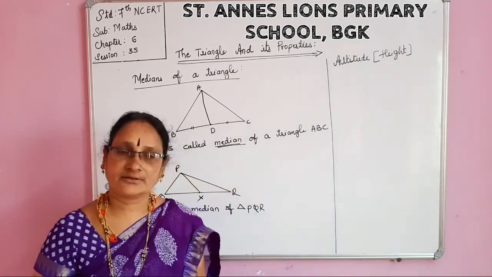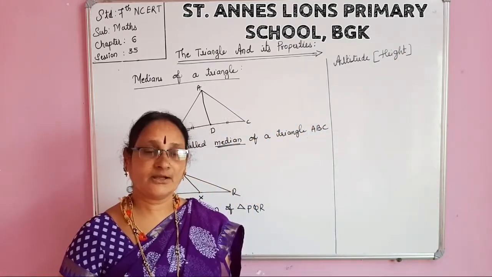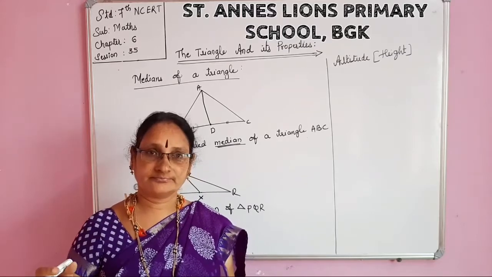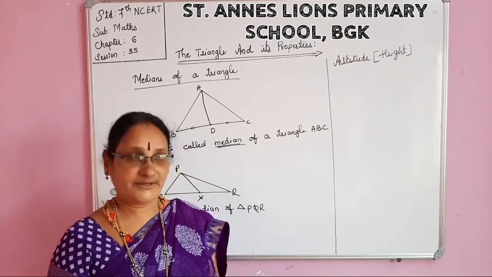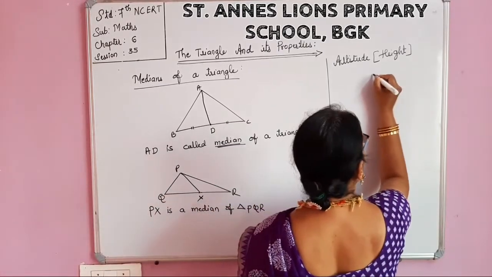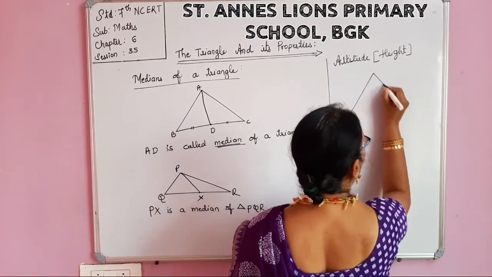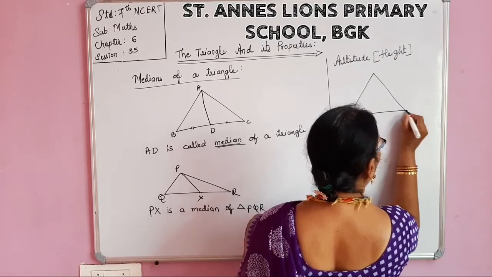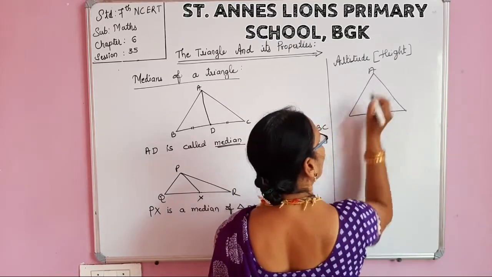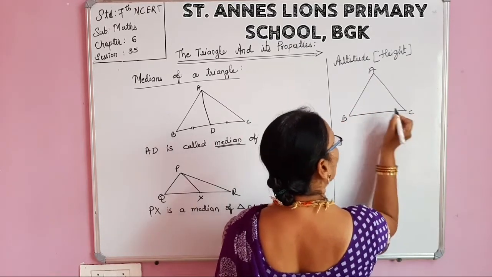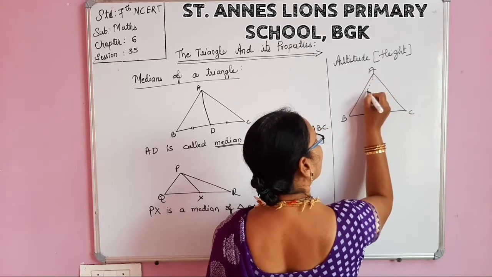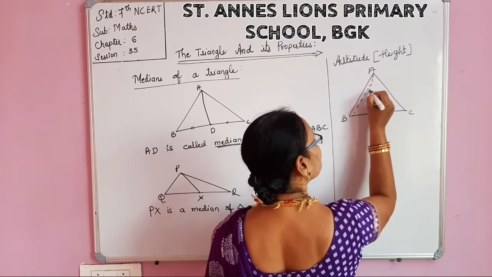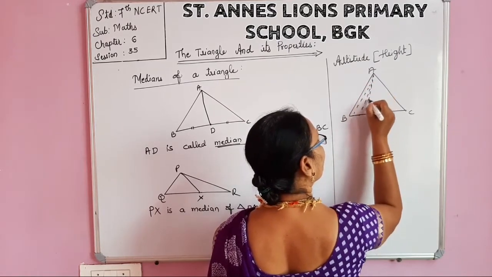See how the height works. The height of your room will be perpendicular to the floor. That means suppose in a triangle A, B, C, you join some lines from the vertex A to the base BC.